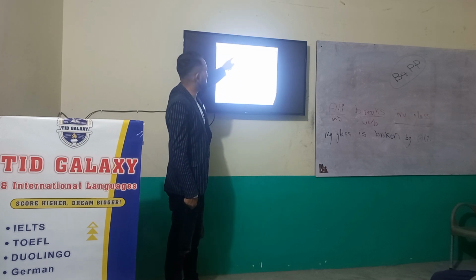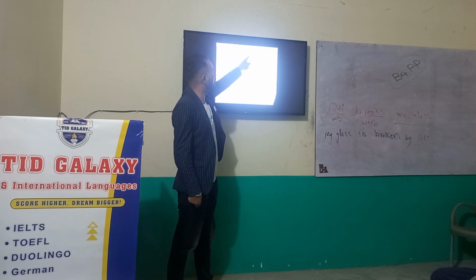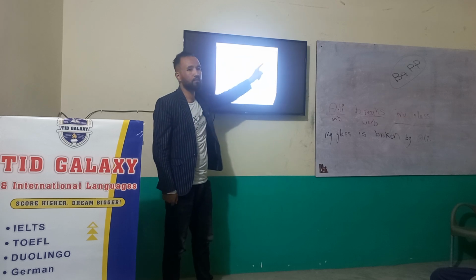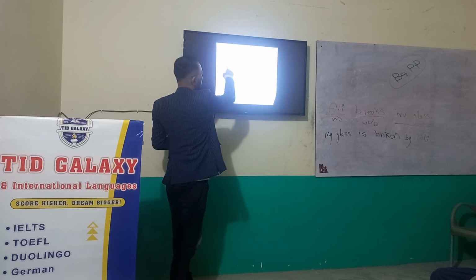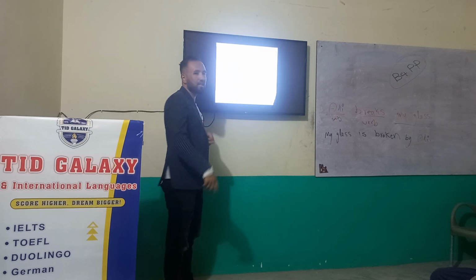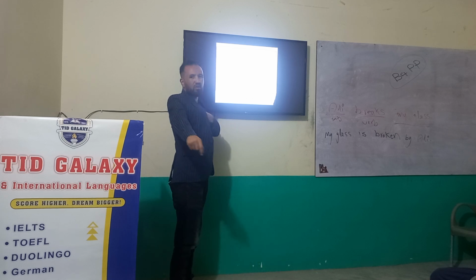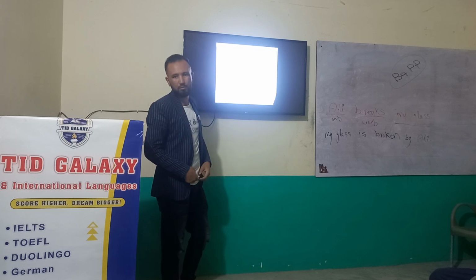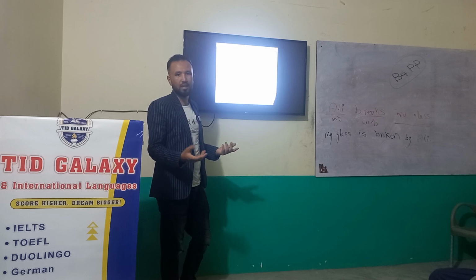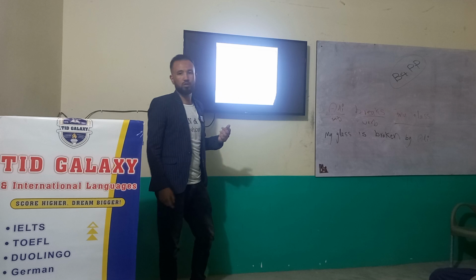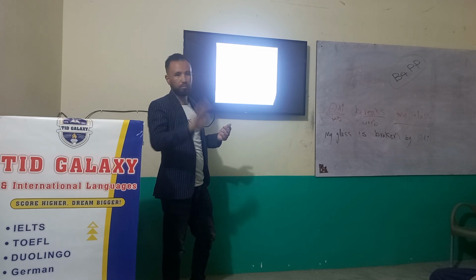In present continuous tense, you should use am, is, are, plus being, plus past participle. Got it? Too easy. Next, present perfect continuous tense, it is not changeable. If you change it, there is no meaning. It is uncommon passive structure. You should not change it into passive voice.